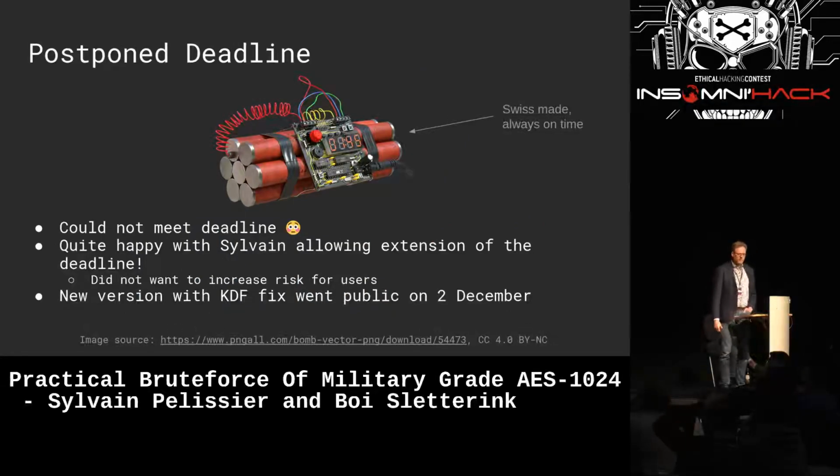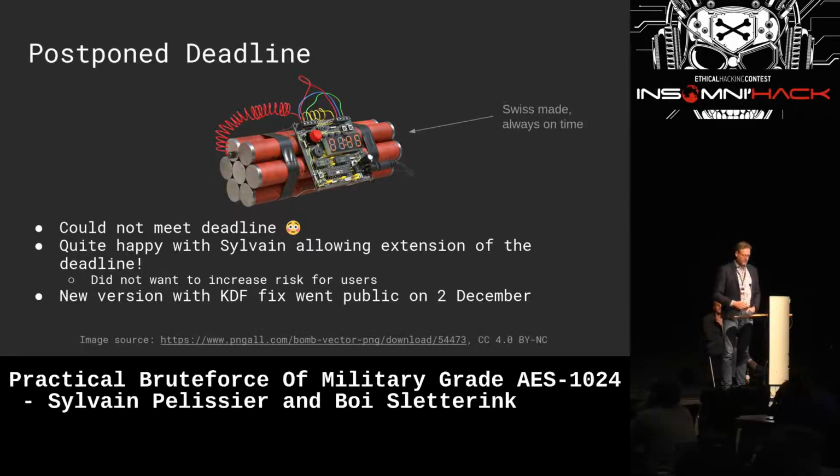Yeah. So then we had a deadline when Sylvain was going to make everything public. And we agreed on a deadline. And then we were not able to make the deadline. That is, we were supposed to get out a fix for at least the key derivation function issue before the deadline, and we were not able to.